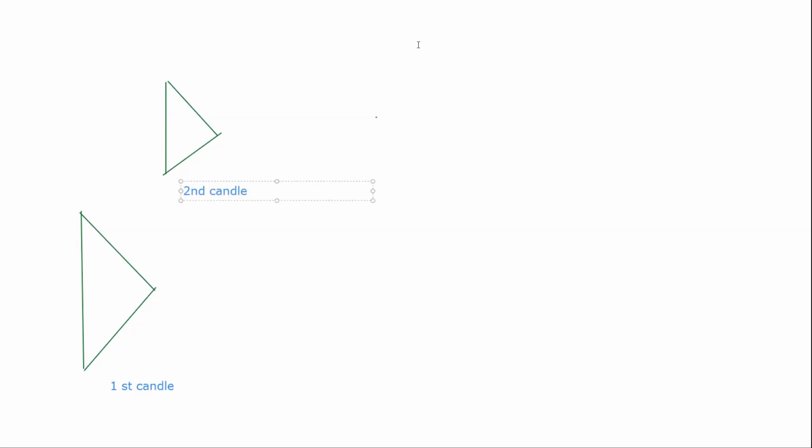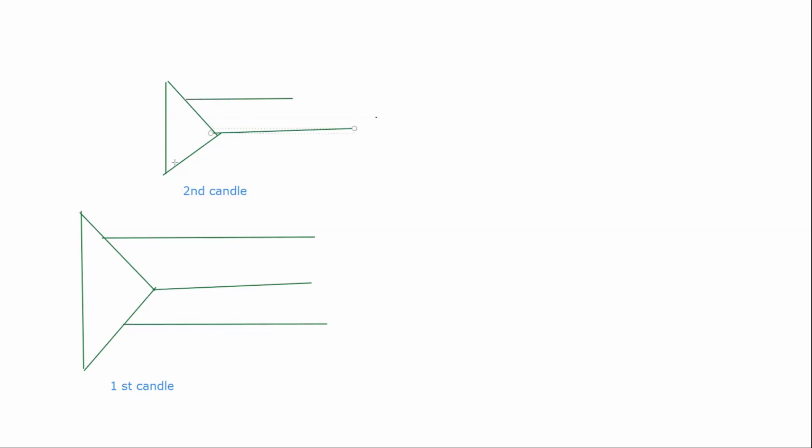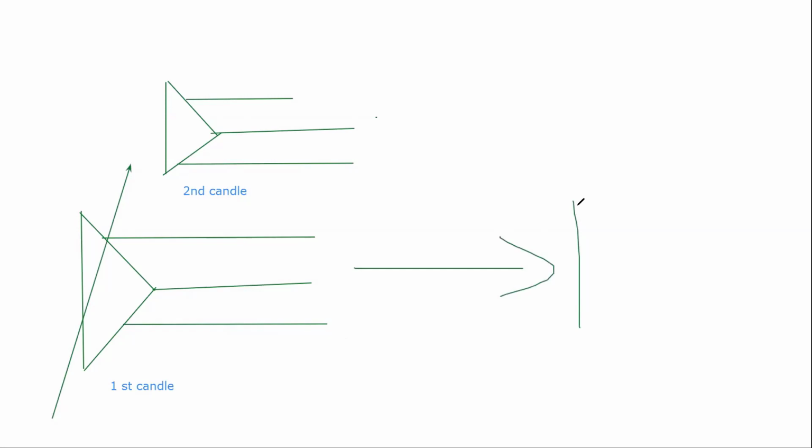Okay, second candle. So this is the high, POC point and the low. High, POC point and the low. So when we see the buying pressure, for example, we got a P-shaped curve here.